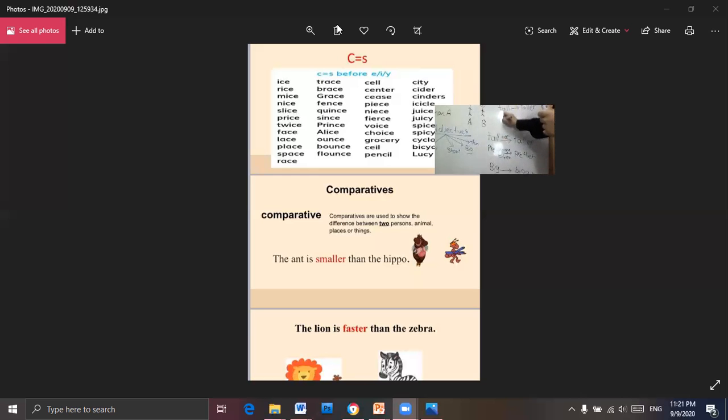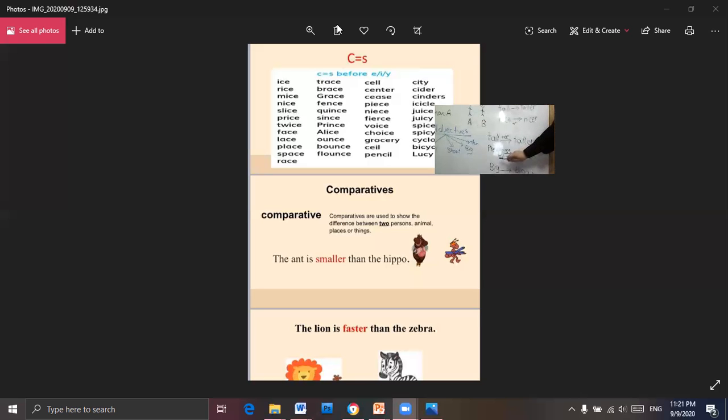If we find that the adjective ends in E, like nice, there is no need to add another E, we just add R, like nicer than. For example, A is nicer than B. So there is no need here to add another E, just one E.